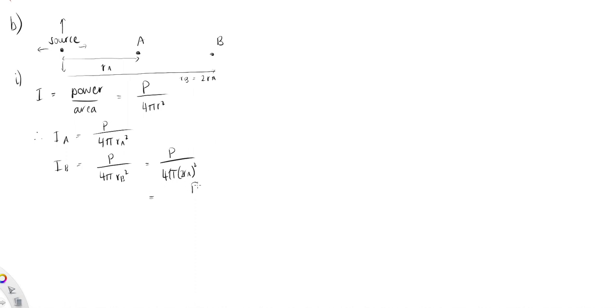This becomes a 4, and then it's RA squared, so it's going to be a quarter of power over 4 pi RA squared, which equals a quarter of the intensity at A. Therefore, the intensity at B is a quarter of the intensity at A.